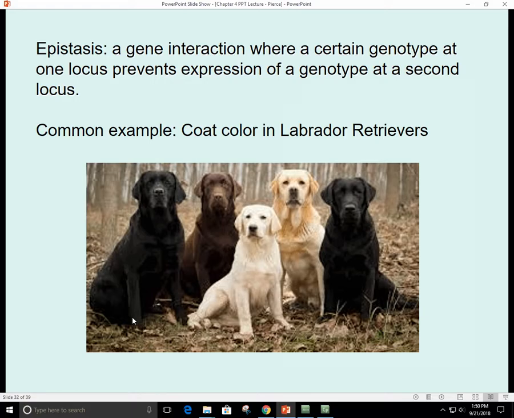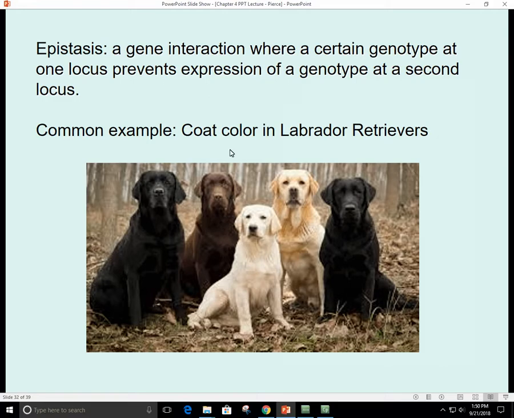And that blocks, even though they can have a baby that's black themselves, they might have the black allele, but they have the little c, which says no color, or maybe not very much color. And so little c blocks expression of the black or the brown allele, which is a different allele.